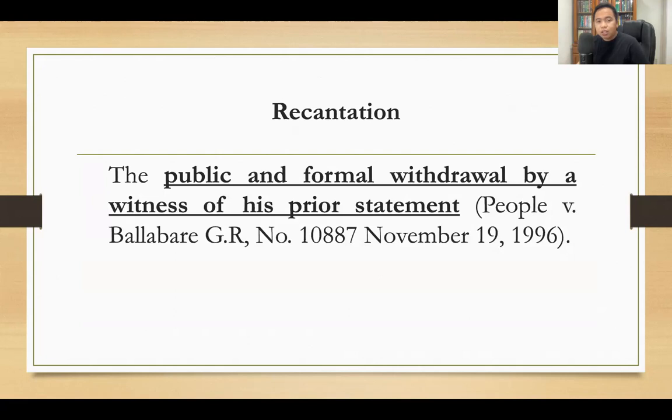Recantation is a public and formal withdrawal by a witness of his prior statement. The witness is retracting or withdrawing his previous statement and replacing it with a new one.